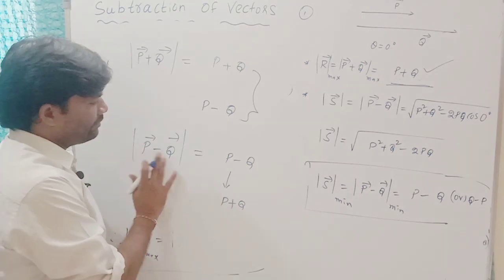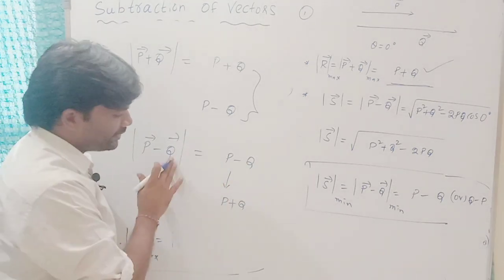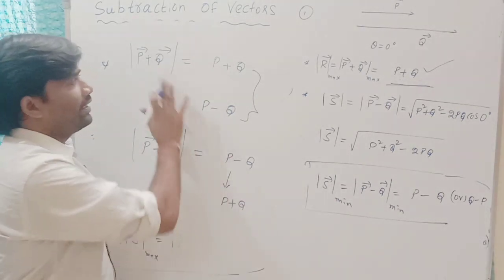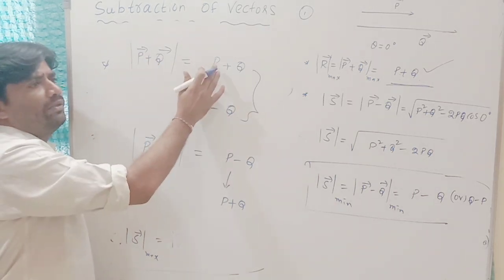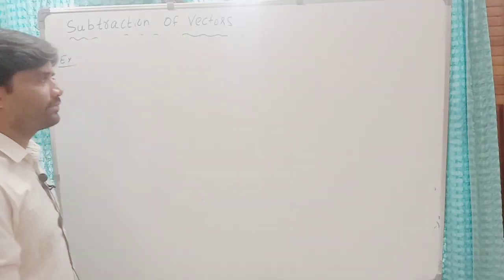The minimum value of P minus Q is when the two vectors are parallel. Maximum is P plus Q when angle is 180. I think it is clear. This mod of P plus Q can take any value between these two, and this one also can take any value.